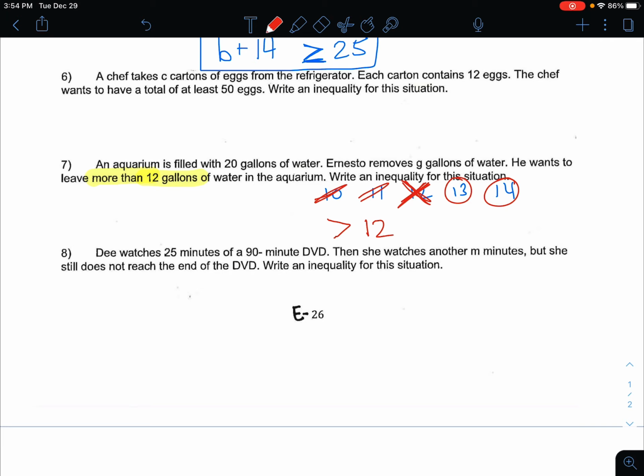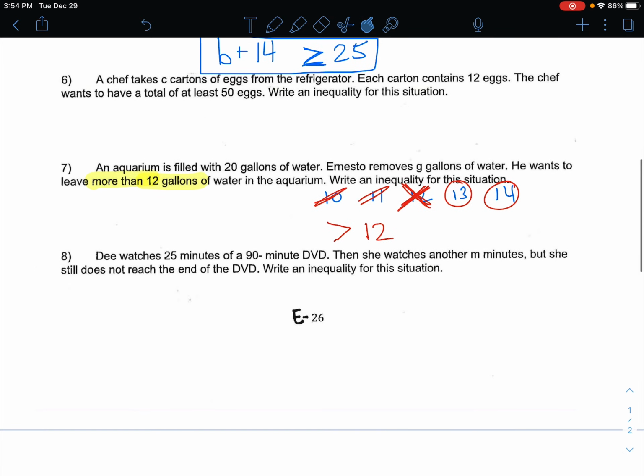How much Ernesto takes out of the aquarium is going to be greater than 12. Sorry, let's go back. Let's figure out what goes on the left side. An aquarium is filled with 20 gallons of water, and Ernesto removes G gallons of water. So it starts with 20, and he removes G gallons, but he's going to leave enough that it's got more than 12.